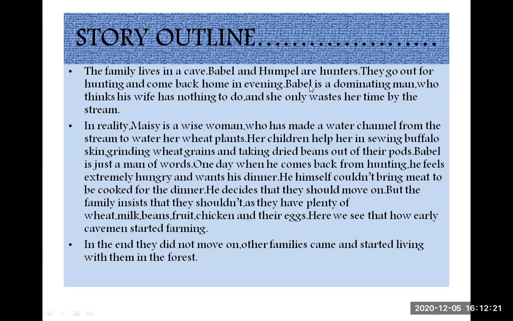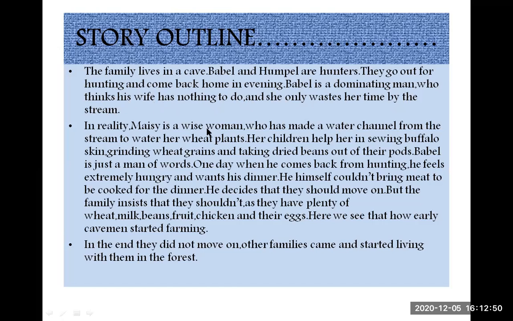Bebel is a dominating man who thinks his wife has nothing to do and she only wastes her time by the stream. So husband is a bit angry man who thinks that his wife does not do anything at home. She only wastes her time. But in reality, Macy is a wise woman who has made a water channel from the stream to water her wheat plants.